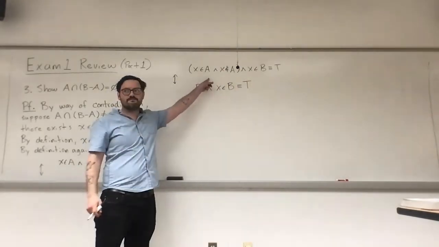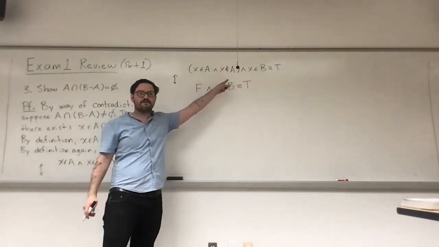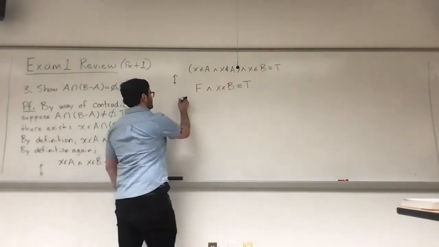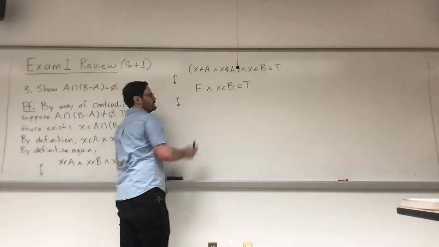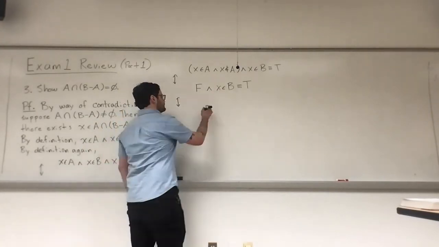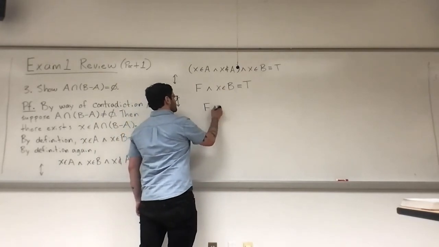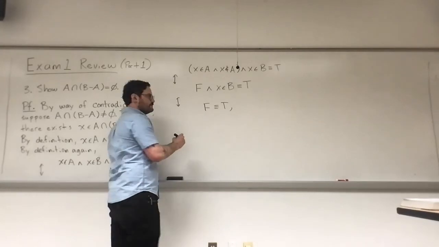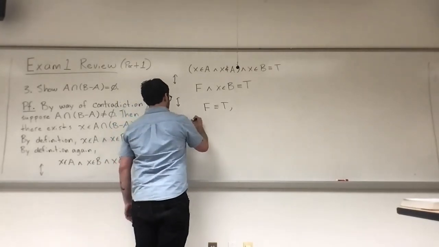That's false, right? You can't be in there and not in there at the same time. But then this is the conjunction operator right here. False and anything is false. There's the contradiction.